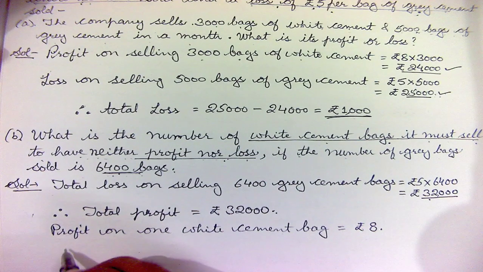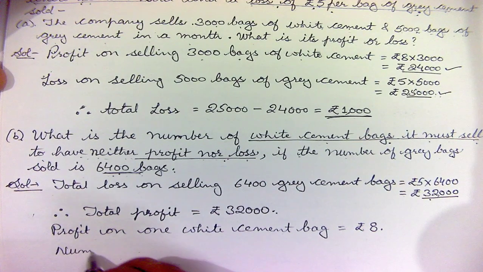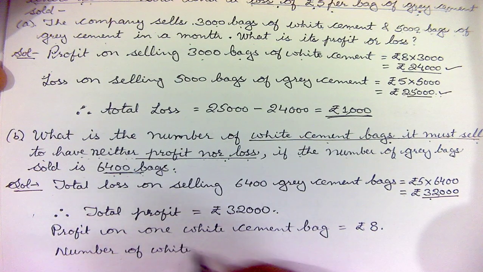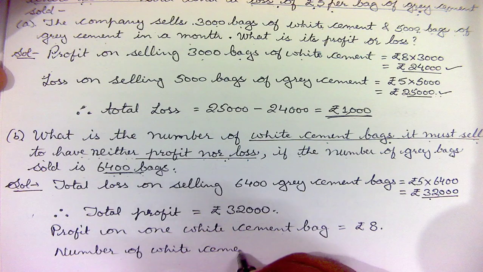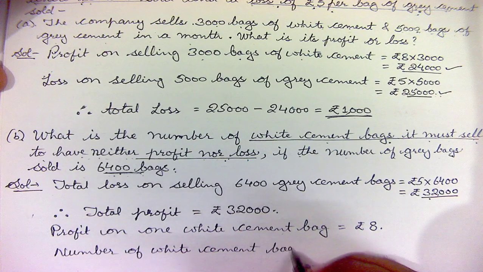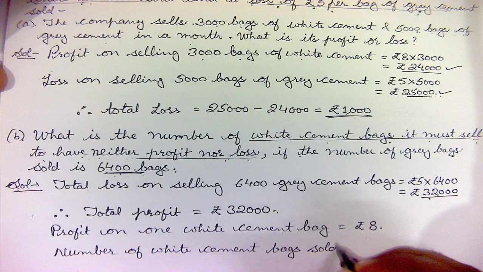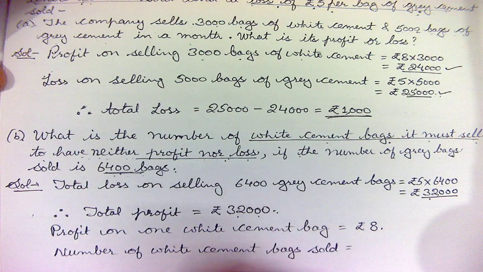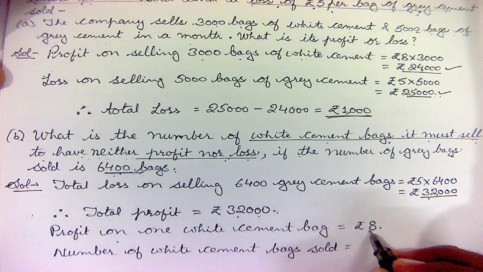So number of white cement bags sold. Now how much profit is needed? 32,000. And how much profit is there on one bag? It is rupees 8.